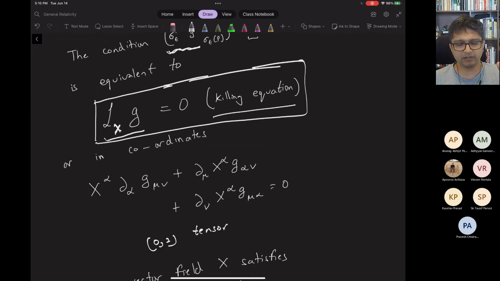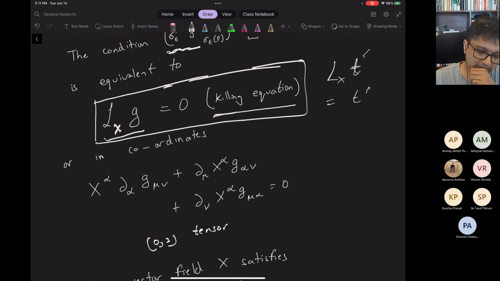If X is a vector field such that the Lie derivative of g is 0, and remember the Lie derivative acting on any tensor T produces a tensor of the same type as T, so if this tensor is 0, what we're basically saying is that X is a Killing vector field, or the diffeomorphisms generated by the flow induced by X preserve the metric.